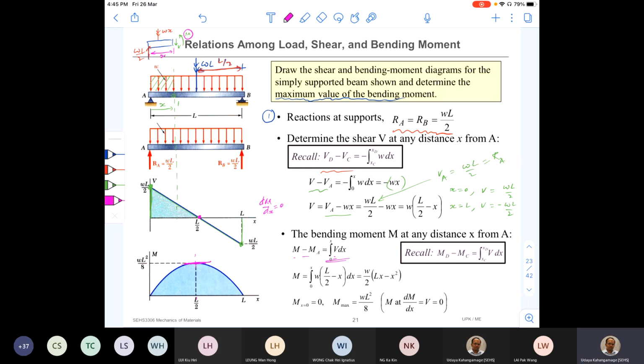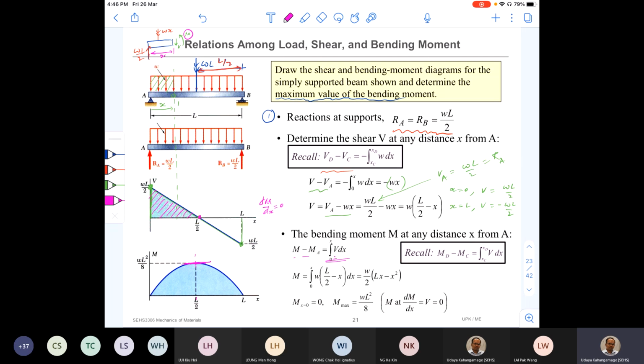So what is the area under this shear force diagram between the 2 points? So that is the area, right? So let's use the equation given here, and later I will show you how to find the maximum bending moment using the area calculation.